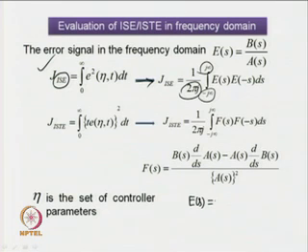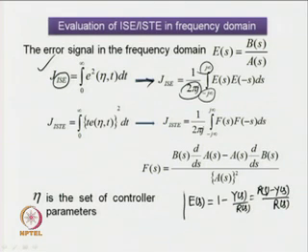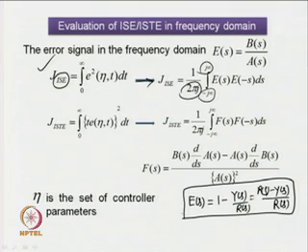E(s) can always be obtained, because once we know the closed loop transfer function, E(s) is nothing but R(s) minus Y(s) upon R(s). So, E(s) can be obtained in polynomial form.